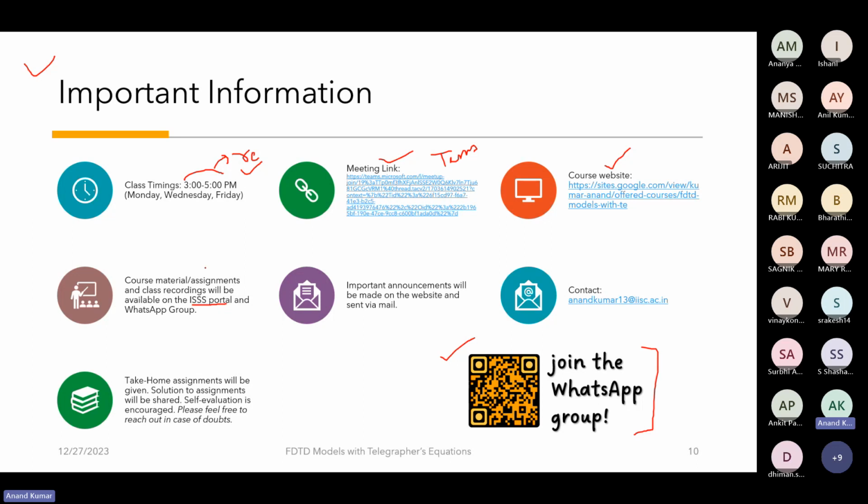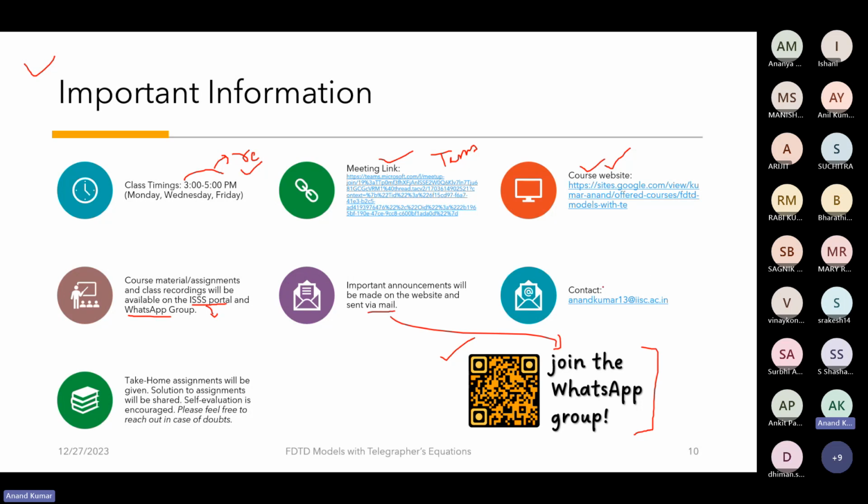I hope it will be up in some time. The admin asked me to start the classes and keep the recordings with me. I'll upload the material on the ISSS portal, the WhatsApp group, and the course website, which is on my website. I'll try to send all the information via mail as well, but keep a look at the WhatsApp group too.